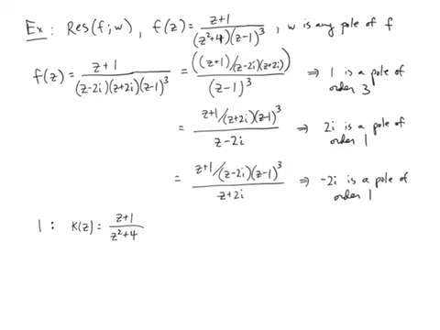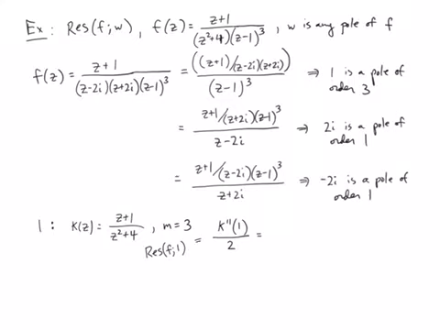And then we have our m is equal to 3. So what we have to do is compute the second derivative, the m minus 1 derivative at our pole, and then divide that by 2 factorial, so just divided by 2. That's going to be equal to the residue of our function. Sorry, I should have put that first. The residue of f at 1 is equal to that second derivative of k at 1 divided by 2.